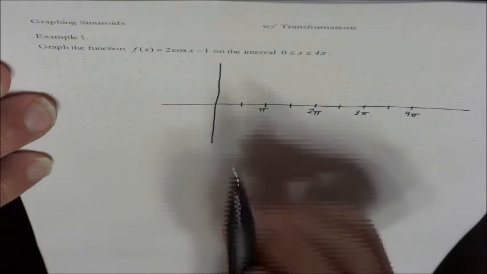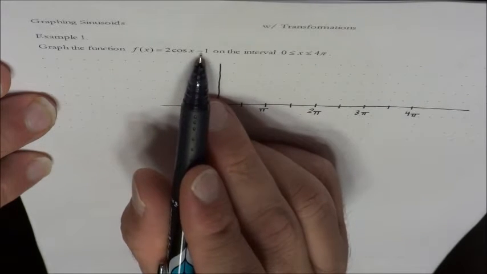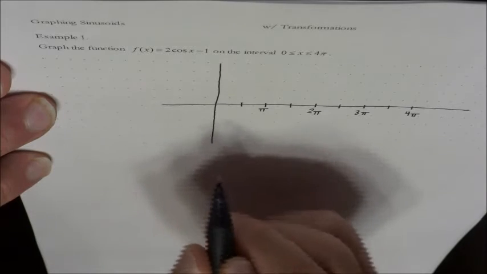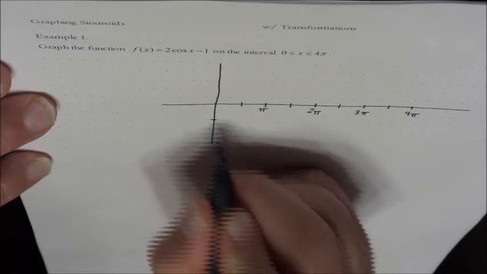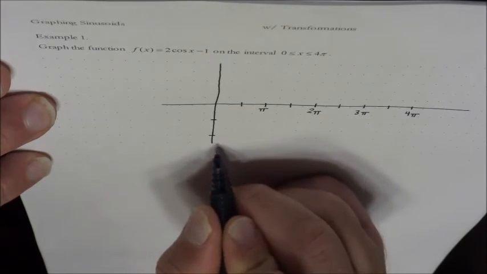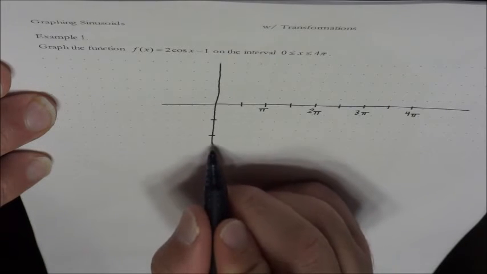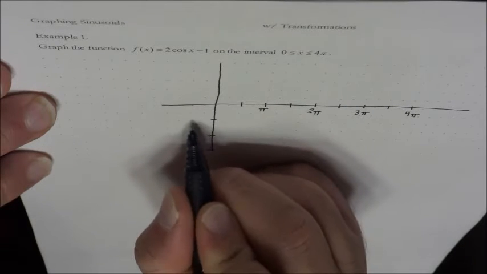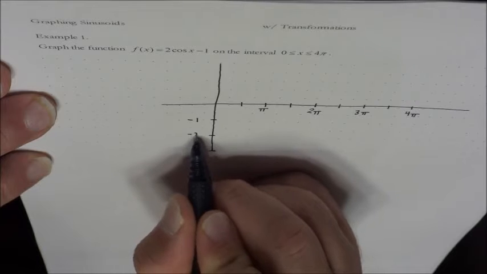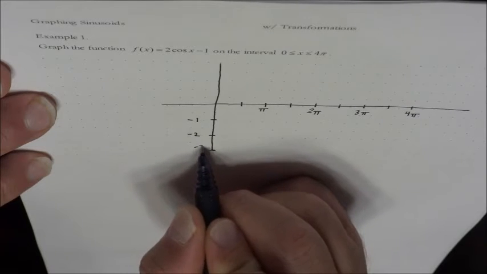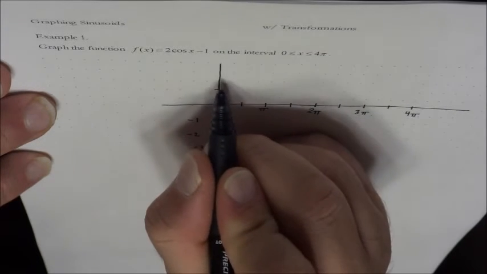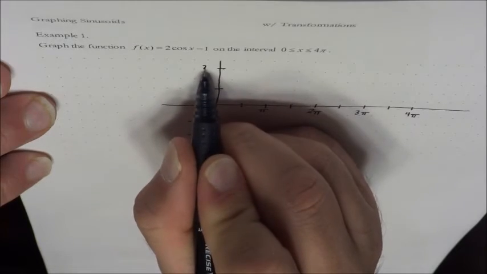Our amplitude is 2. However, notice that we have moved down by 1 unit. And so what I'm going to do is come in here and say that right here is -1, right there is -2, right there is -3. And I'll have +1 and +2.